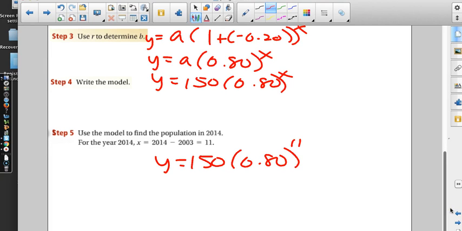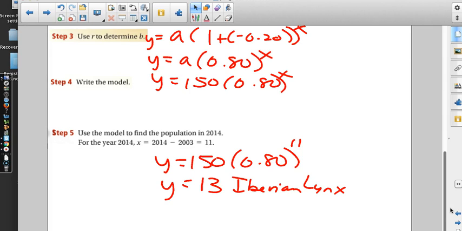And let's see what they believed was going to happen if this trend continued to the Iberian lynx population. 150 times 0.80 to the 11th power. Bad news for the lynx. Very bad news for the lynx.